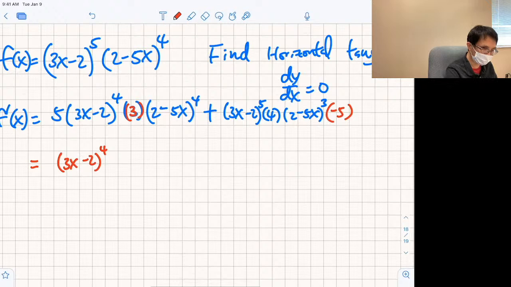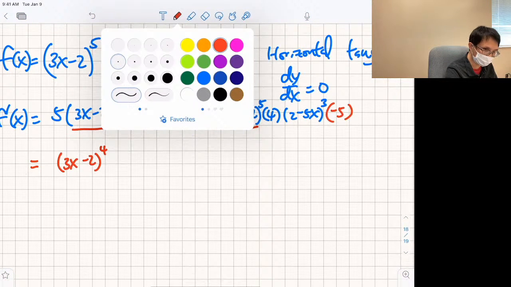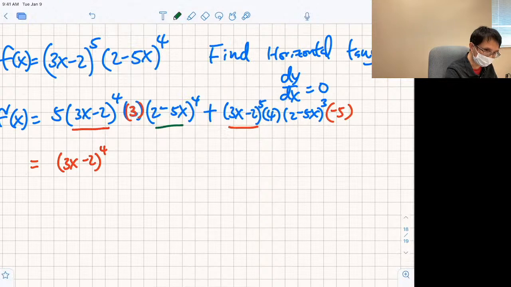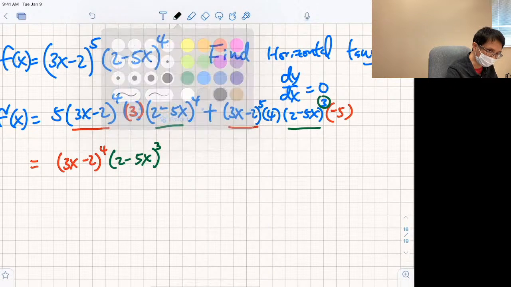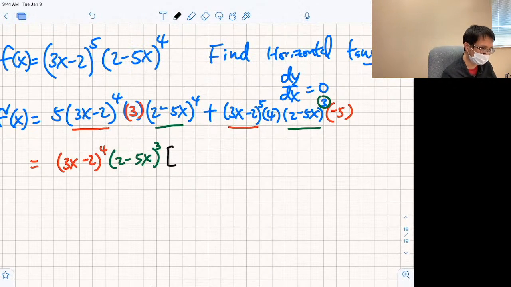And for the other one, I want to factor out 2 minus 5x to the 3rd power, because that's the least amount. So it'll be 2 minus 5x to the 3rd, and then a bracket with whatever's left over.